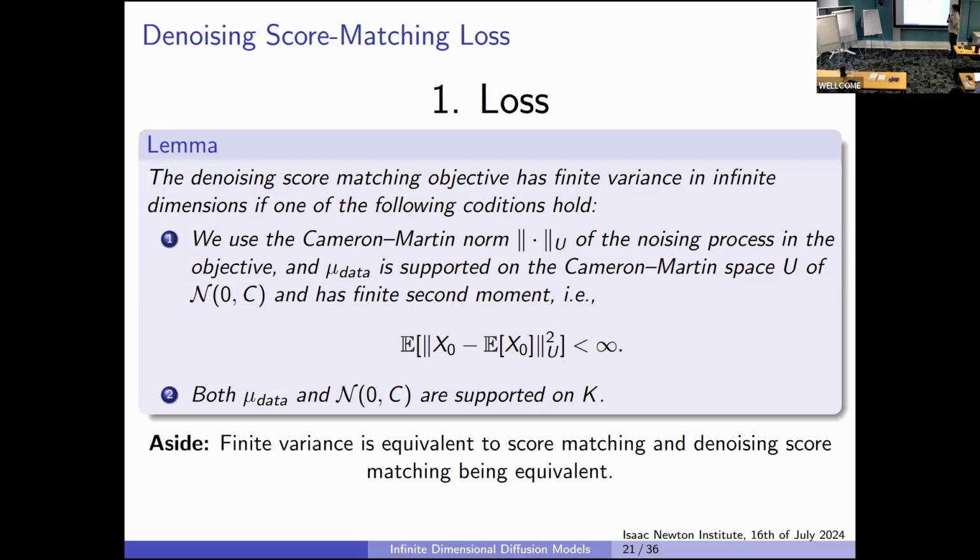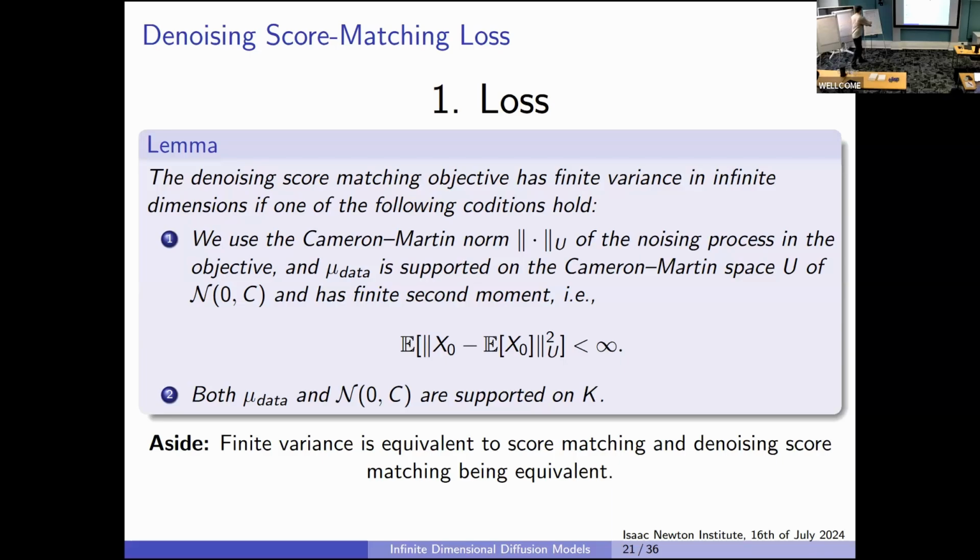The first one being that the Cameron-Martin norm U, in the first one, we say that mu data, the data distribution, is supported in this space U in a quite nice way.